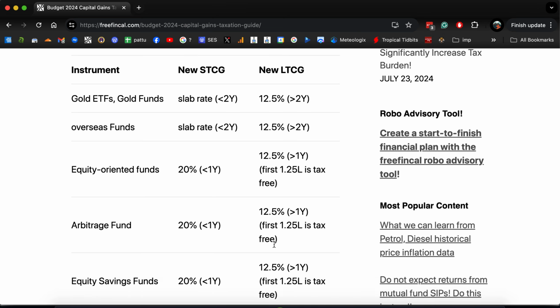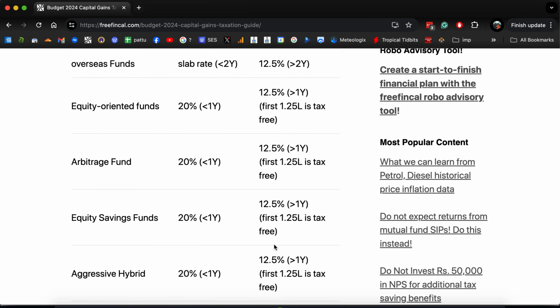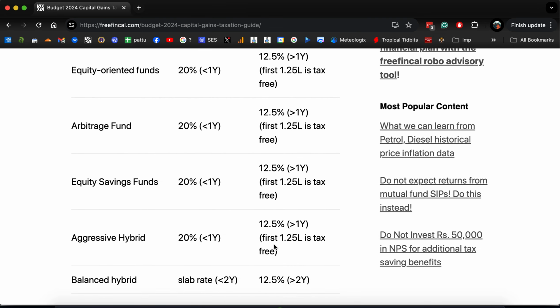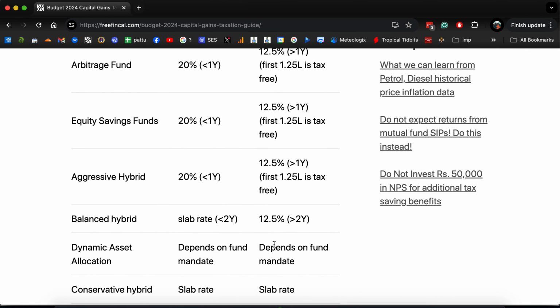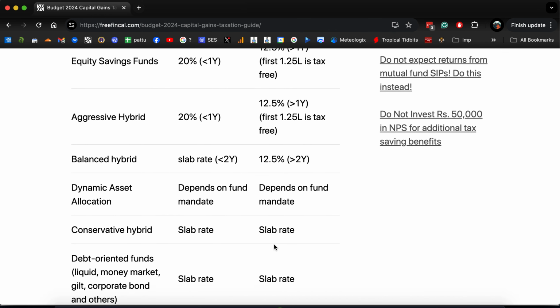Arbitrage funds, less than 1 year, 20%, more than 1 year, 12.5%. Equity savings funds, 20% less than 1 year, 12.5% greater than 1 year. Aggressive hybrid funds, less than 1 year, 20%, greater than 1 year, 12.5%. Balanced hybrid, slab rate less than 2 years, more than 2 years, 12.5%.